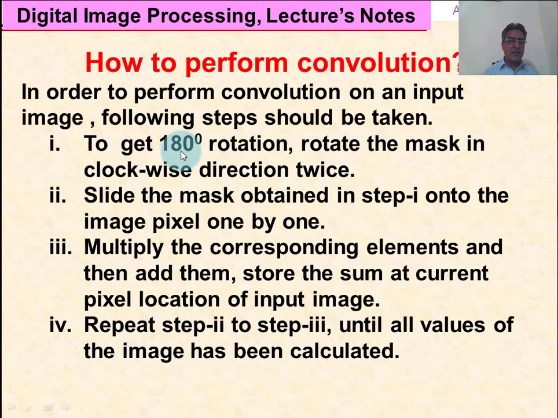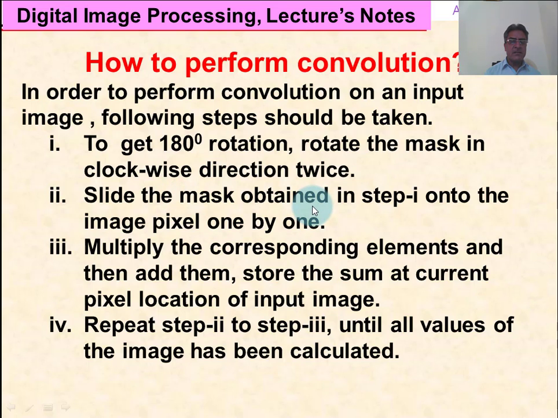So a correlation mask is rotated at 180 degree. By rotating the mask clockwise twice, we get the convolution mask by this 180 degree rotation of correlation mask.